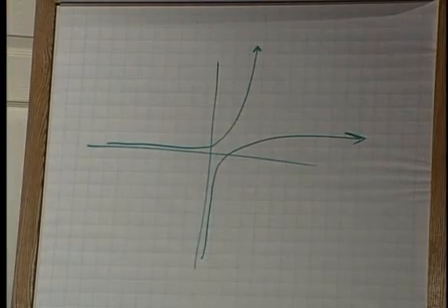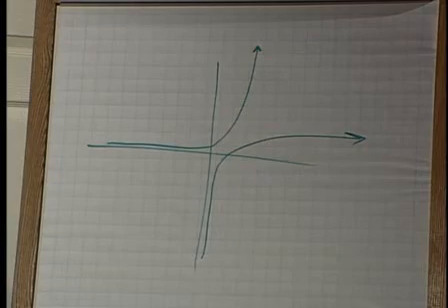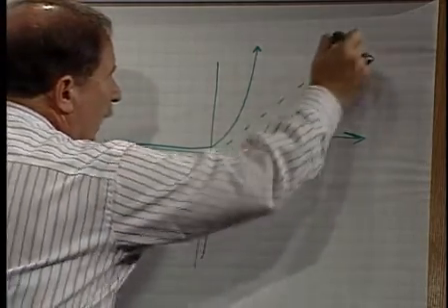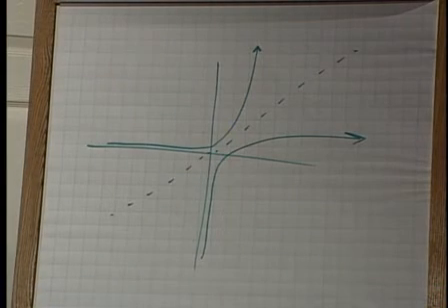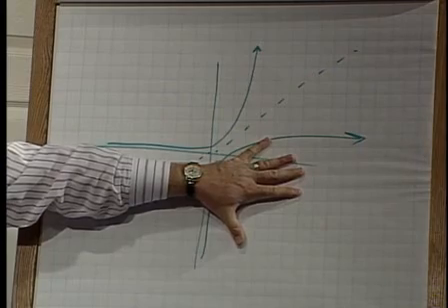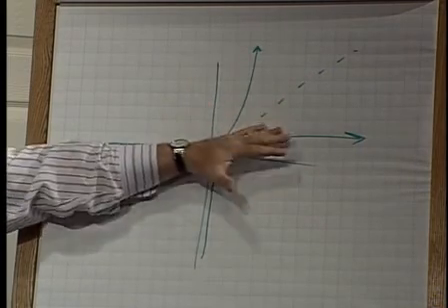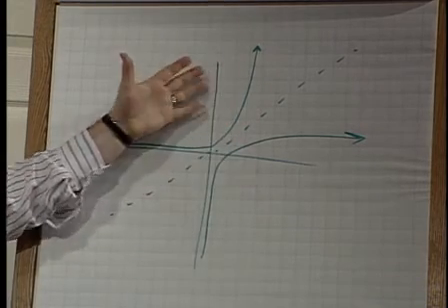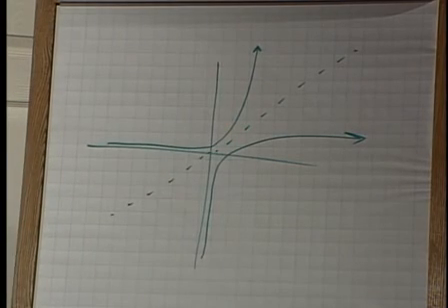If we then dash in the graph of y equals x, which is a line like that, and again, I've just done it fairly quickly, you can see that if we take y equals log base 2 of x and reflect it or fold it over on this dashed line, y equals x, it folds right onto y equals 2 to the x.